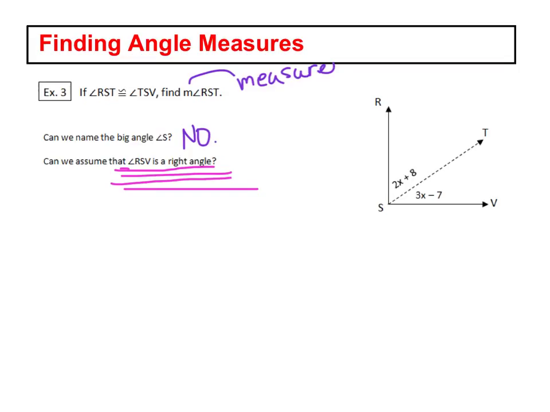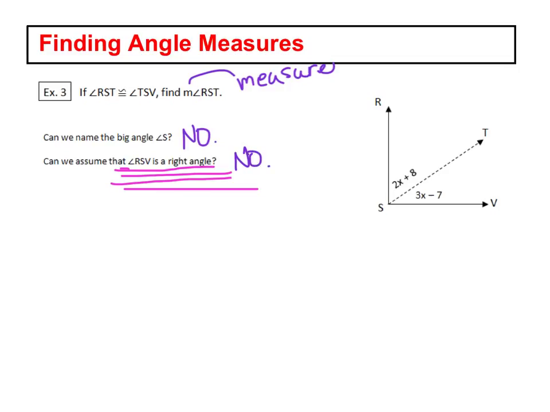So how would we know if this was a right angle? Remember, you will see that little box in the corner. That's when you know it's a right angle. So in this case, because it did not have that, I'm going to go ahead and erase that. That means that, no, we cannot assume that. You can't assume anything in geometry.